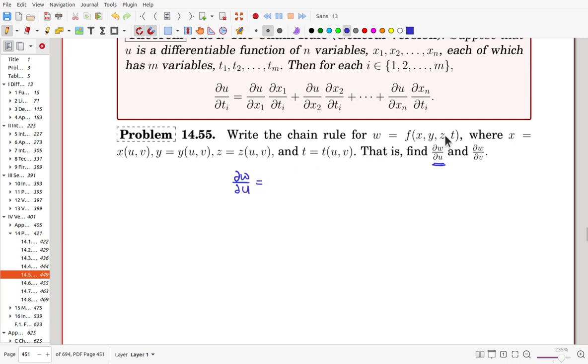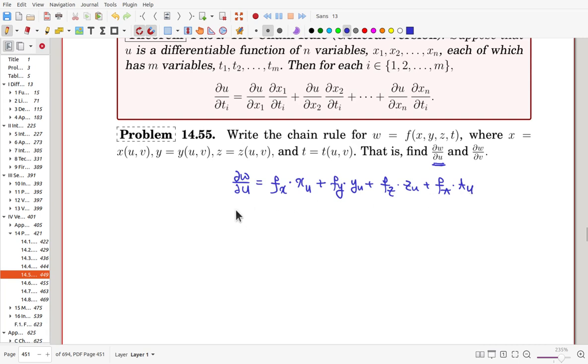Then x, y, z, t, each of these primary variables, involves u, so first we take the derivative for the first primary variable, f sub x and x u derivative, where u is one of the secondary variables, plus f sub y and y u derivative, plus f sub z and z u derivative, and f sub t and t u derivative.